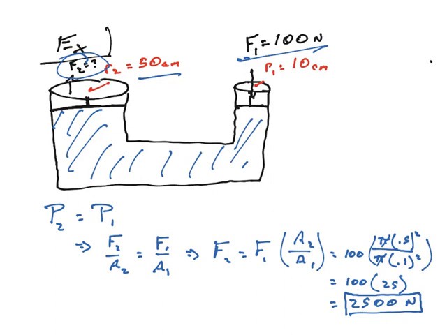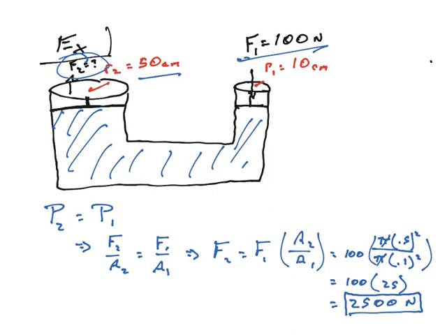I could design some kind of hydraulic mechanism such that I could push on a small piston with some small force, 100 newtons, 500 newtons, whatever, and design this system in such a way that this will lift up a much, much heavier object than my 100 newton force could possibly lift. In this case, with only 100 newtons, I'd be able to lift a 2,500 newton weight object.